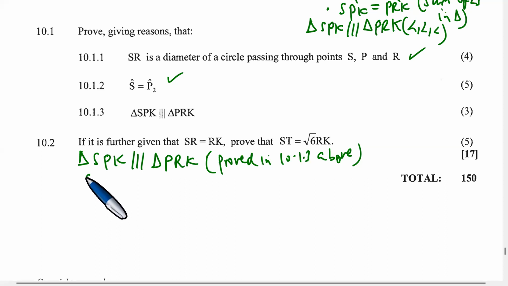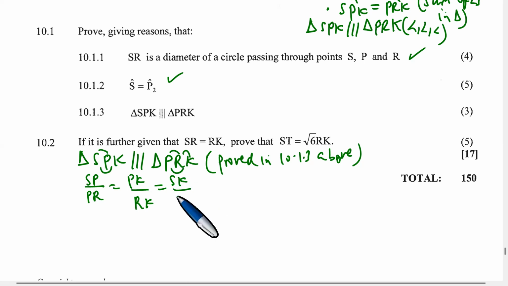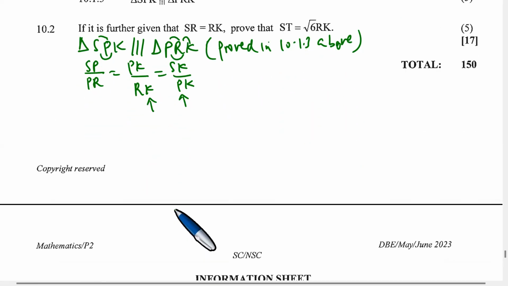And so at this point, it means you can take the first two must be equal to the first two, which is SP over PR, PK over RK, which is SK over PK. So let's take this one with that one.